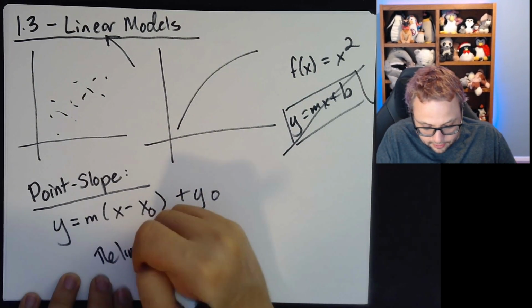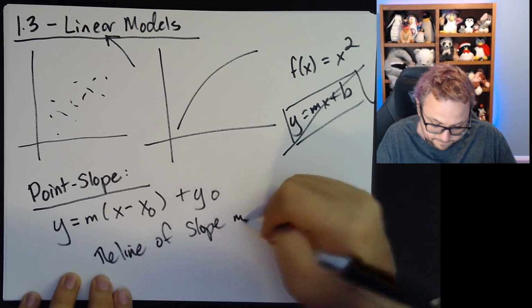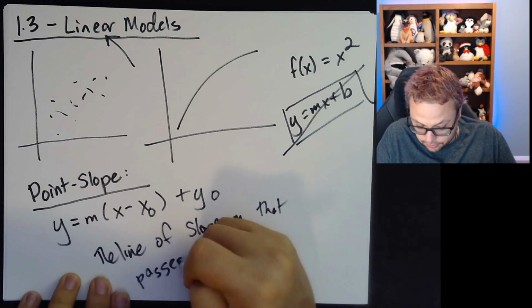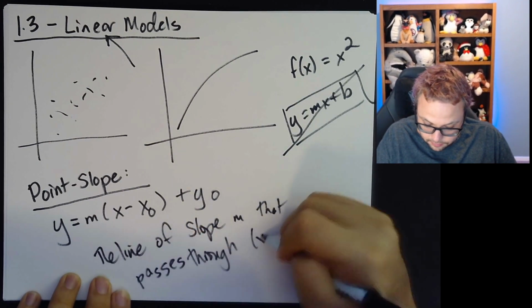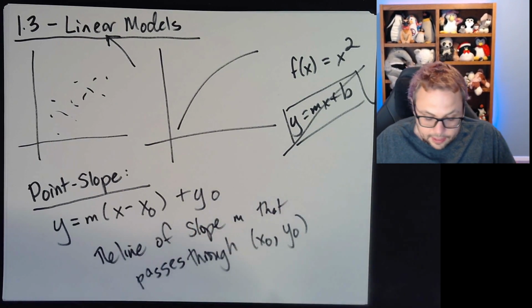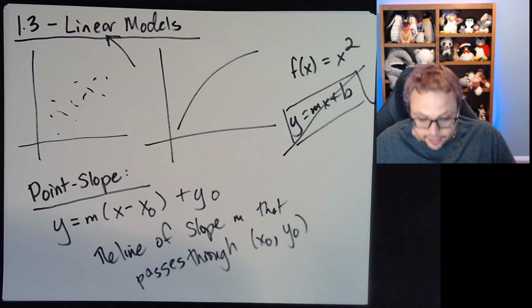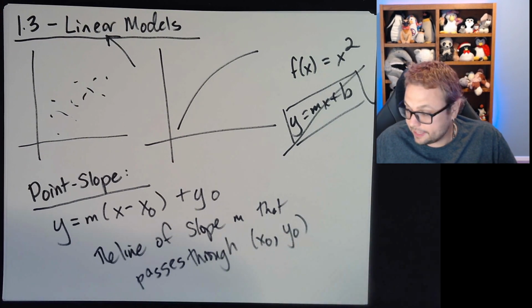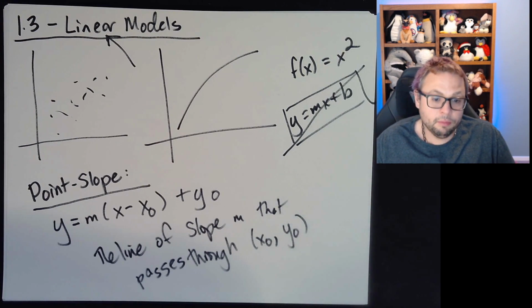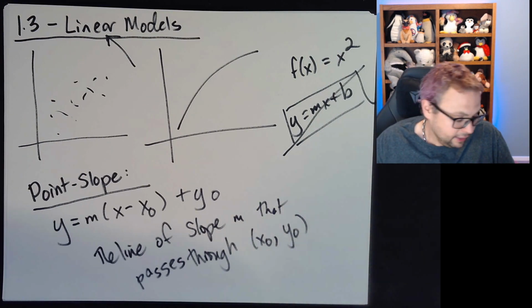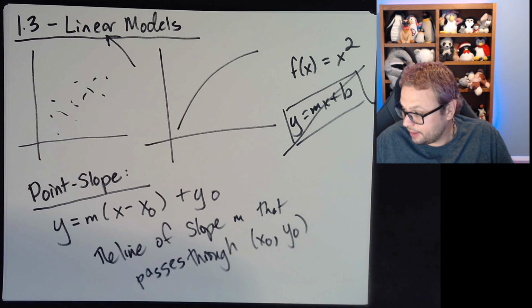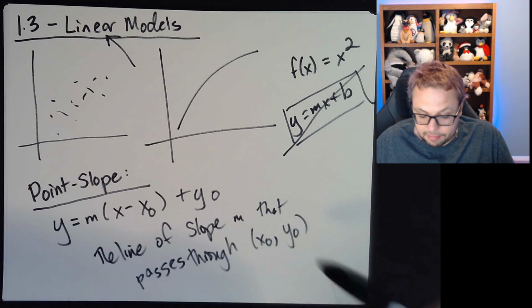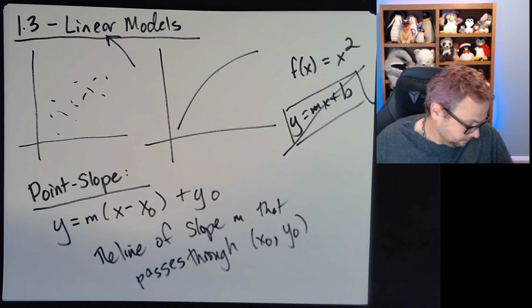This is the line of slope m that passes through x naught, y naught. Now, in many classes that you've had before, likely you were always told to convert everything back to mx plus b form. Here, we're very specifically not going to want to do that, and you'll see why as soon as we do an example, as to why that would probably not work out super well at all.